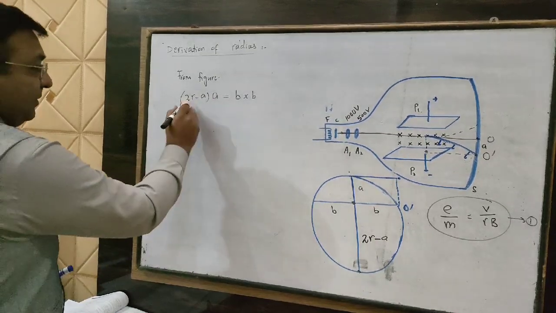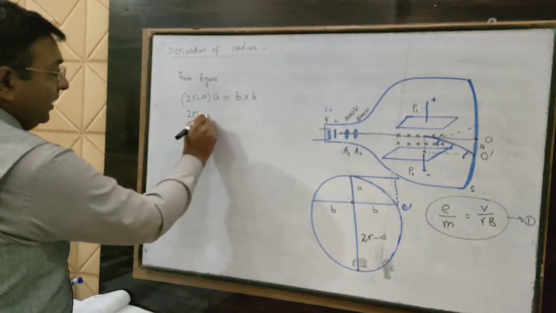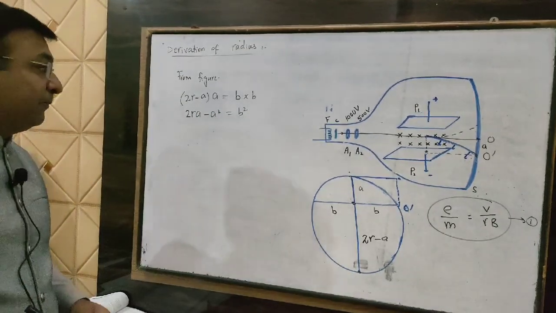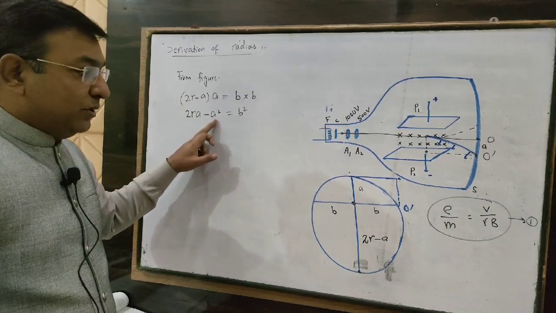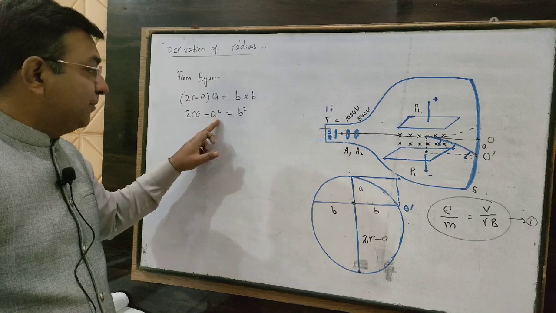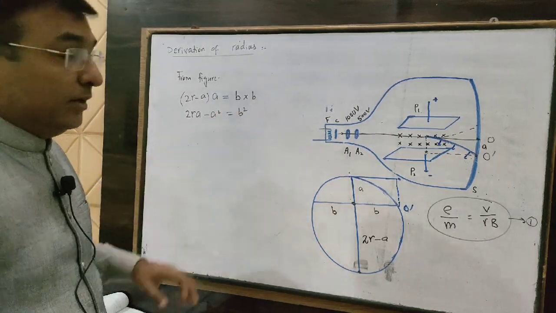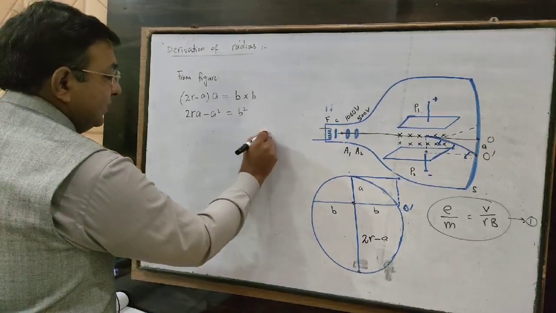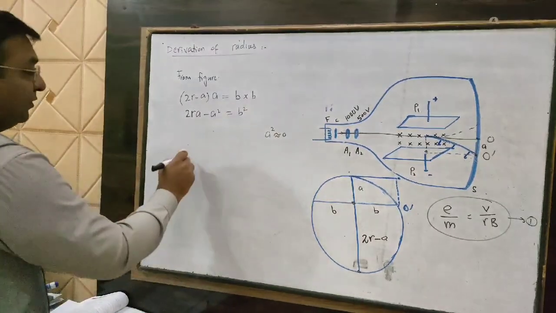Now if we multiply this a with the bracket, we obtain 2ra minus a square is equal to b square. This a is very much smaller as compared to b, and its square again will become very small, so we cancel it. a square is approximately equal to 0.